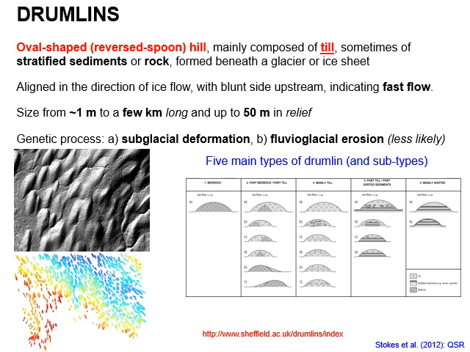And we can see where the upstream side is because that's the blunt side, and the downstream side is a little narrower. So think about a fish with a blunt upstream side and then the narrower tail side. So what we know from these landforms is that they usually or always form in areas of fast flow.